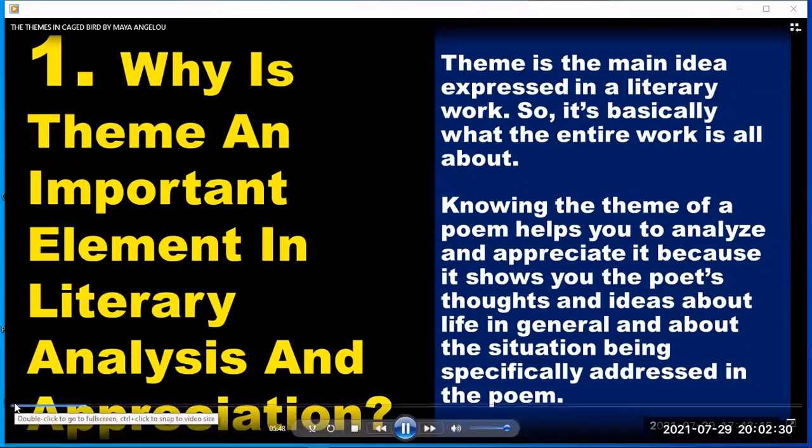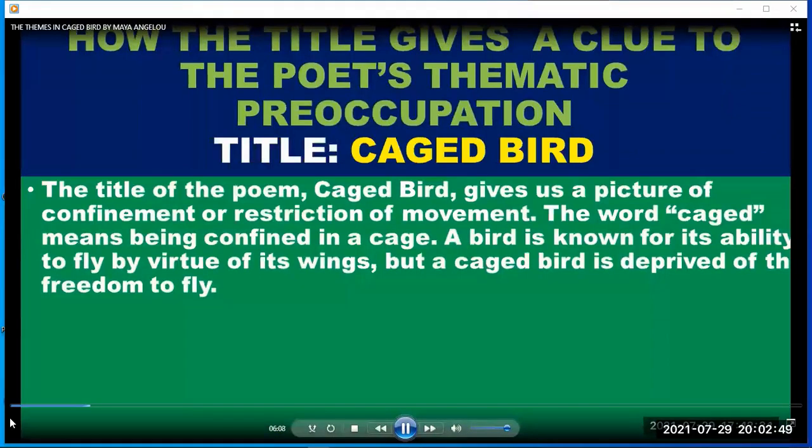So we are going to look at this one by one as we analyze this important poem. Now, if you understand the various themes that we are going to discuss, they will help you in answering questions in any of these exams.